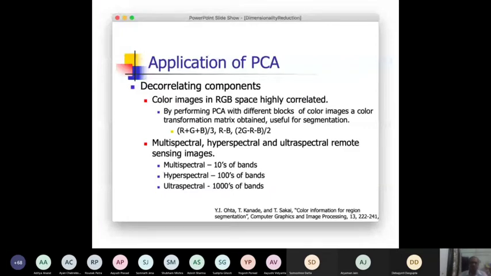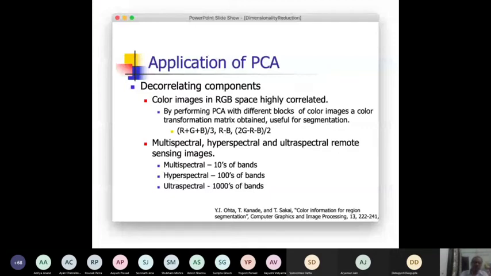So using these physical properties of the sensors, you can design cameras, and you can sense the environment into different bands. That means images in different bands, and it could be a large number of bands.